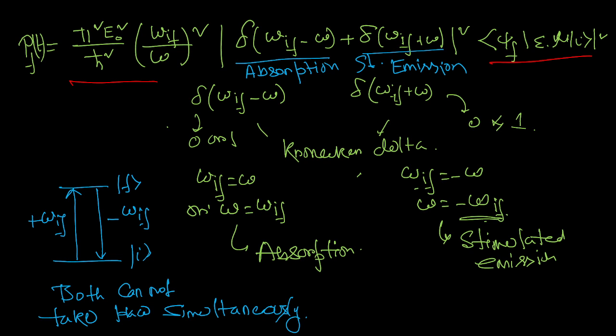A molecule cannot stay in the excited state for a long time; if there is no stimulated emission, the molecule eventually goes down to the ground state spontaneously. This is known as spontaneous emission, and the relationship of the rate constants of spontaneous emission, stimulated emission and absorption was given by Albert Einstein.